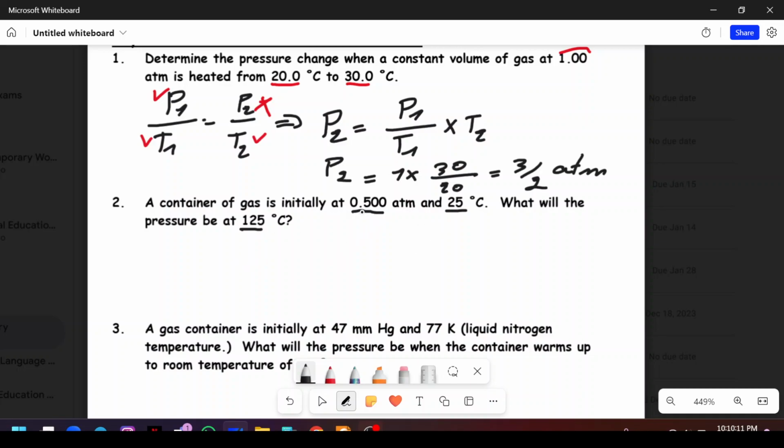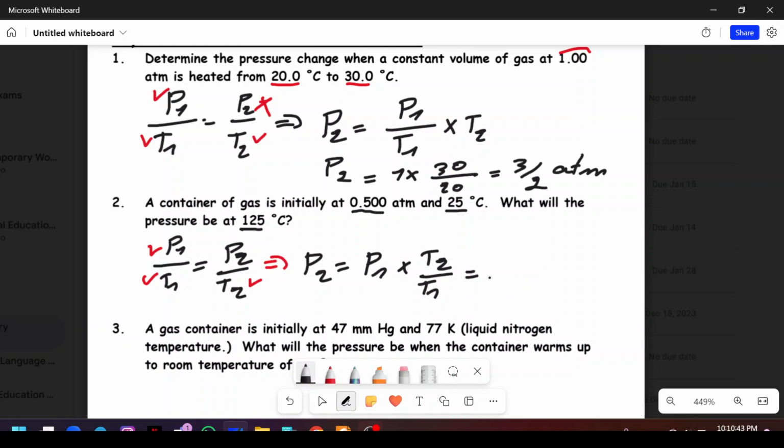We're looking for the final pressure. P1 over T1 would be equal to P2 over T2. All those three are known and given in the exercise, which means P2 would be equal to P1 times T2 over T1.